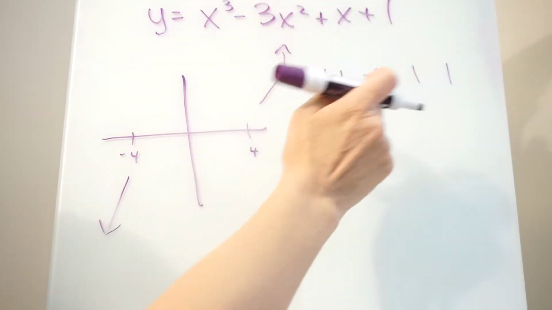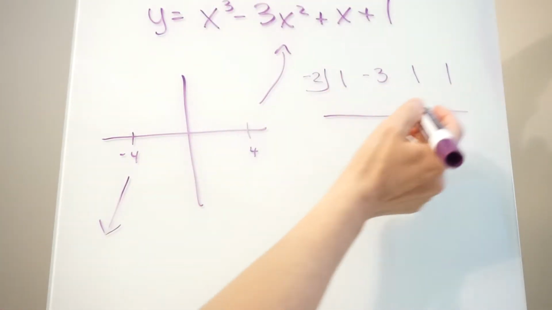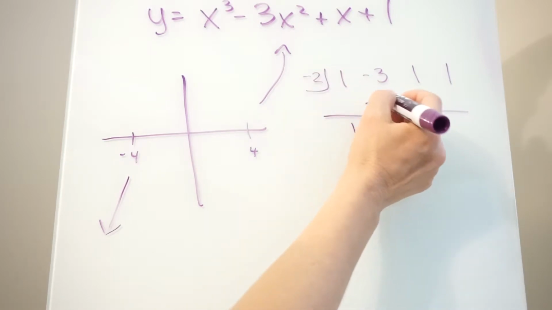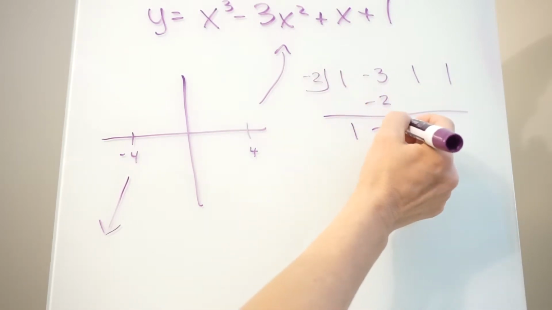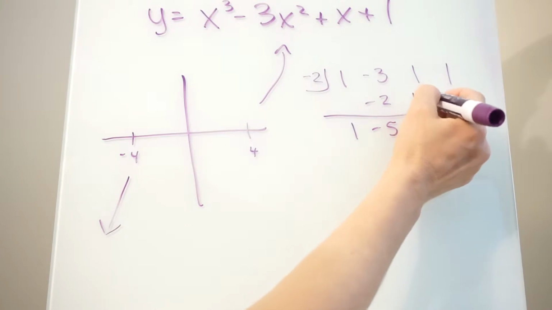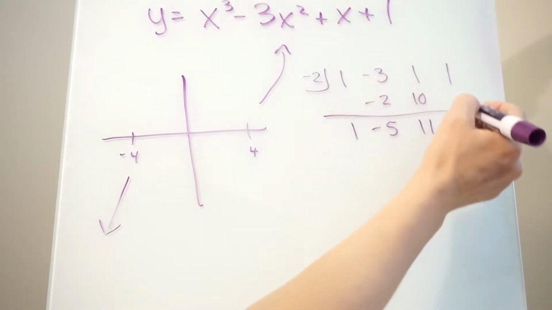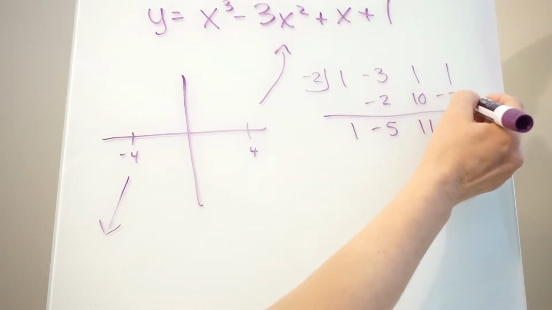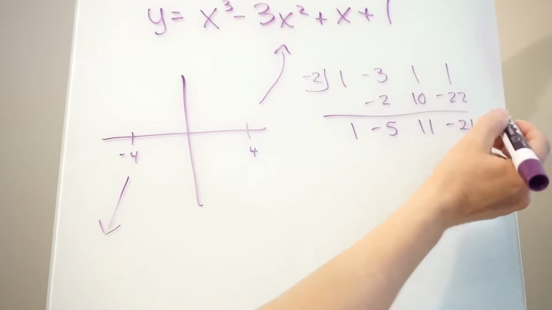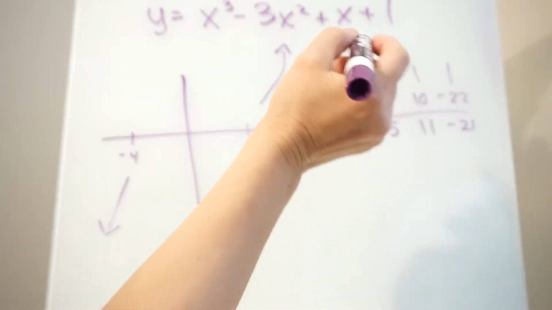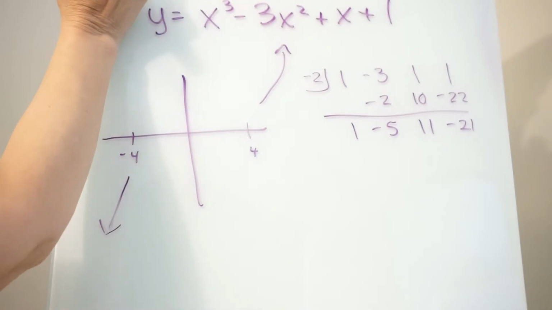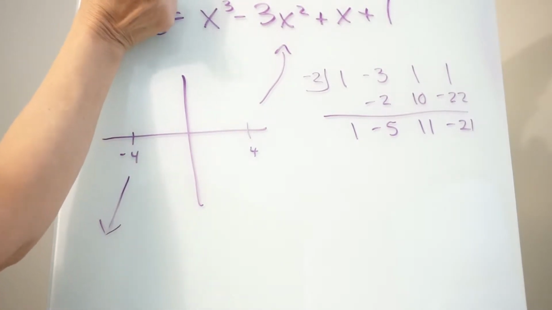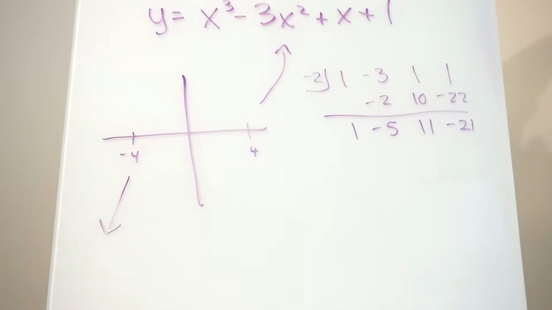We're not missing any terms, so we don't have to put any zeros in. Bring down the 1, then negative 2, negative 5. We multiply, we add, we multiply, we add. So we have the point negative 2, negative 21.